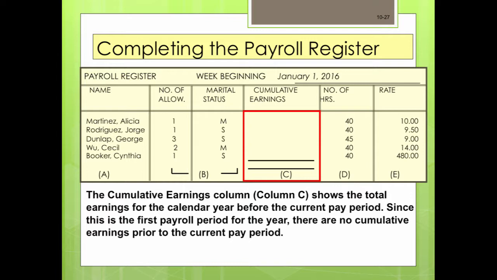In later periods, this column will accumulate the year-to-date earnings, and it's very important that you do so. Remember, there was a limit of 113,700. It's very important that you record that so that you stop withholding that tax after they hit that amount of earning.